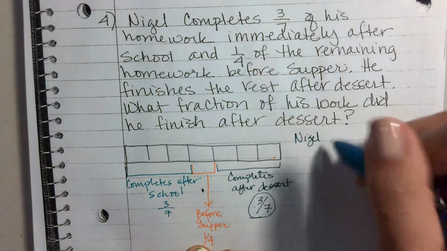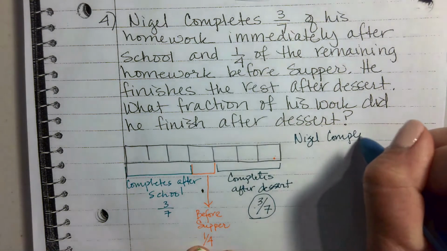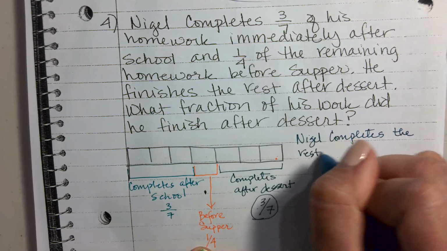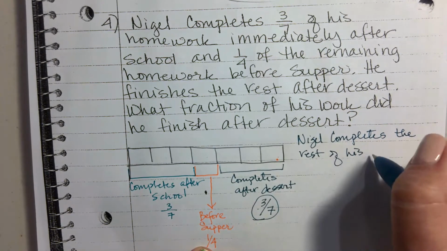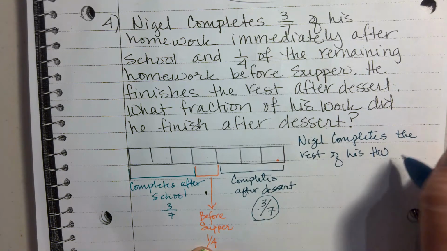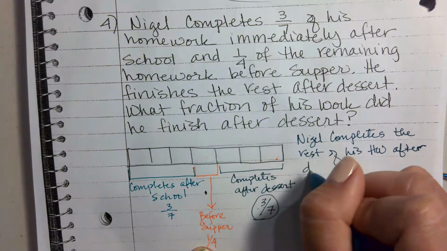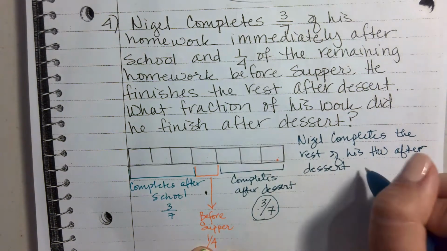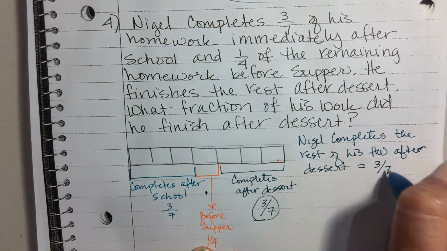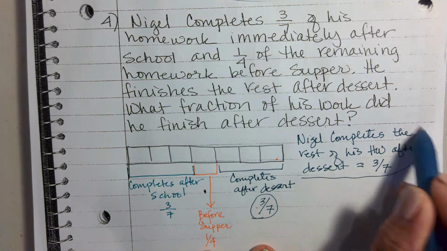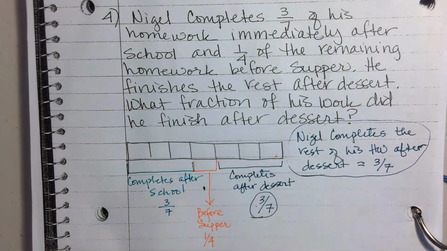Nigel completes the rest of his homework after dessert is equal to 3/7, right? So he completes 3/7 of his homework after dessert. Now, we did just answer the question. That's done. And we did it simply by drawing a tape diagram, right?